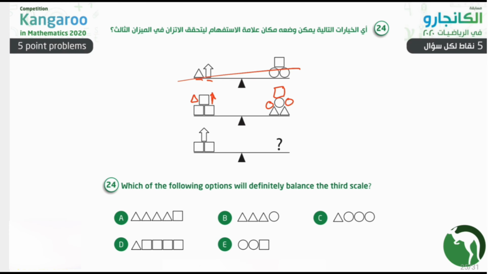Now we remove this one and we have this scale, so I can simplify and reduce the similar shapes from each side. I can remove this triangle with this triangle and one square with one square. So the remaining is one arrow and two squares, which is the required. So it is equivalent to 3 circles and one triangle, and C is the correct answer.